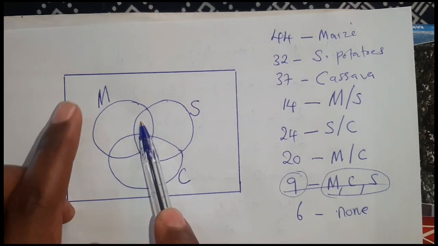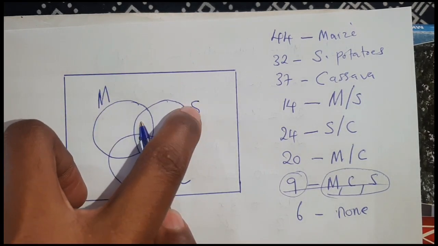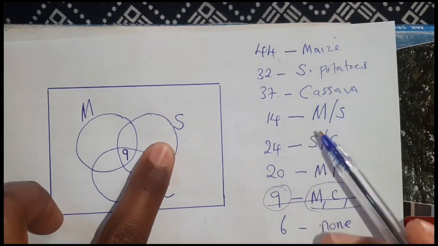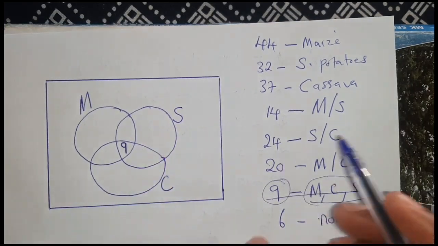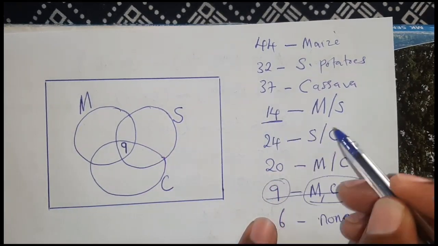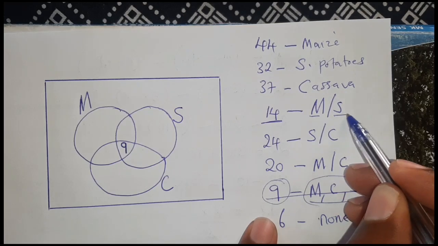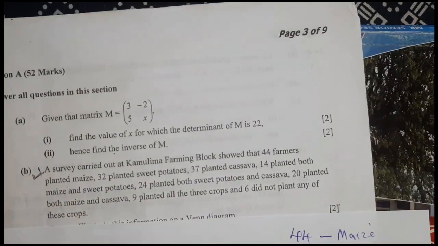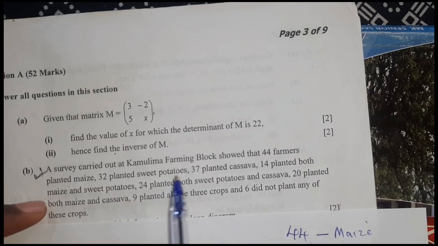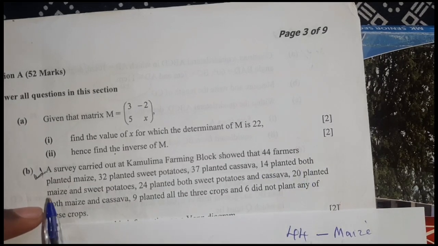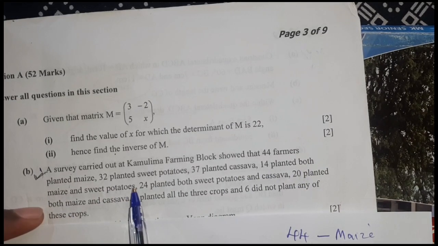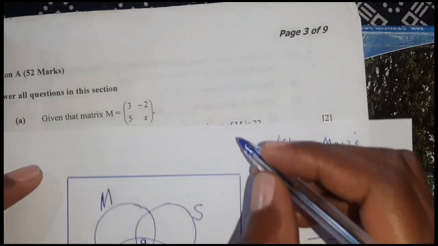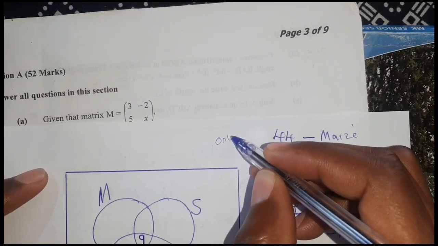Okay, so let us go for intersection of maize and the sweet potatoes. When you come back here, we have 14 that planted both maize and the sweet potatoes. If you look at the statement here, they're saying 14 planted the maize and the sweet potatoes. They didn't use the word only.